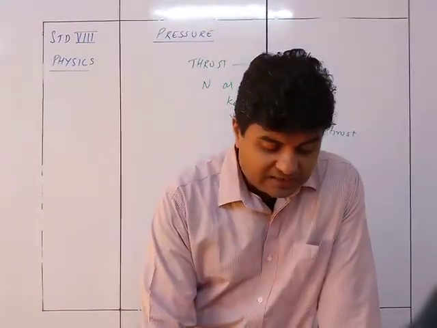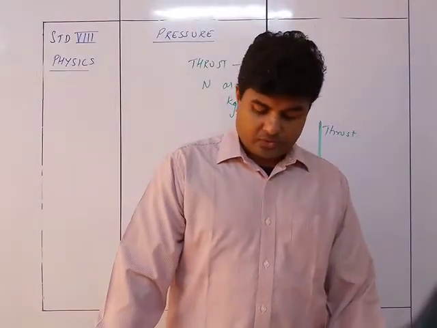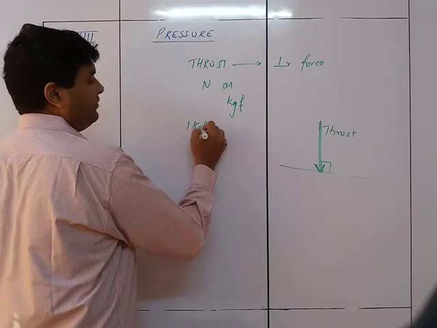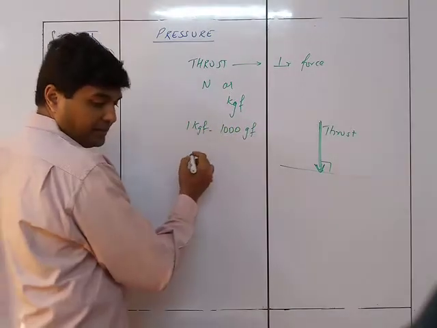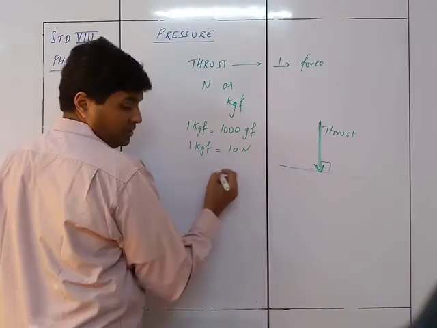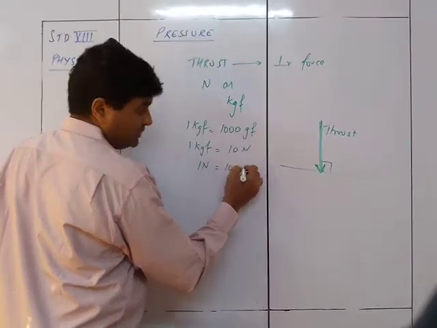Thus the units of thrust are kgf, gf and Newton. So we have 1 kgf equals 1000 gf, and 1 kgf equals 10 Newton.